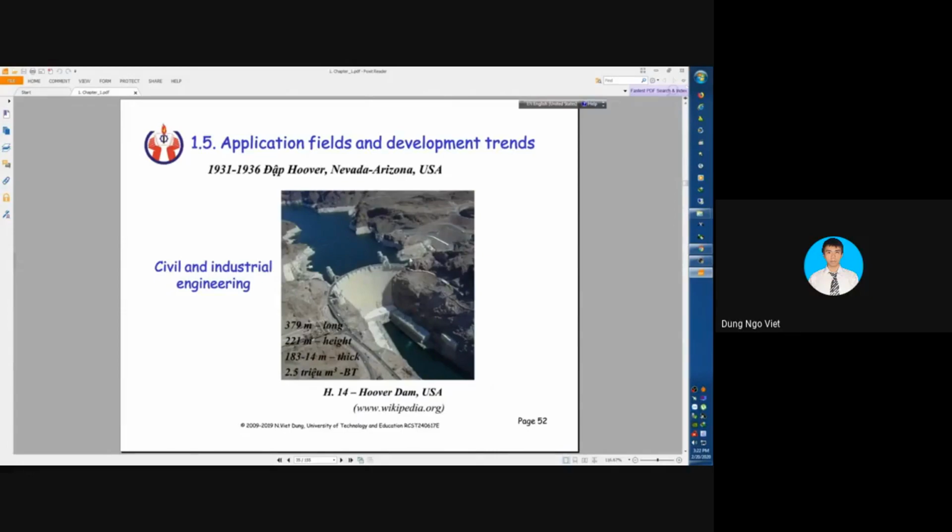It's a very long and big dam with the length about 379 meters, and the height is about 221 meters, and the thickness varies from 14 meters to 183 meters, and the total volume of concrete is about 2.5 billion cubic meters.